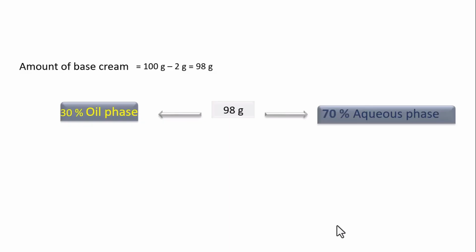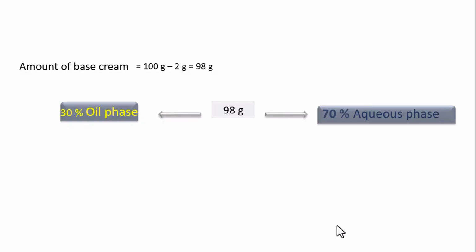In this example, we decided to have 70% aqueous phase. These percentages all depend on our main ingredient, the materials we have, and experience. When you make a few creams, you will gradually figure out, based on the materials you have, what percentage should be aqueous phase and what percentage should be oil phase.